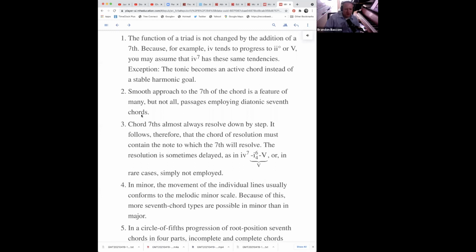Exercise 15-1, F. Another circle of fifths progression. Do you hear it?